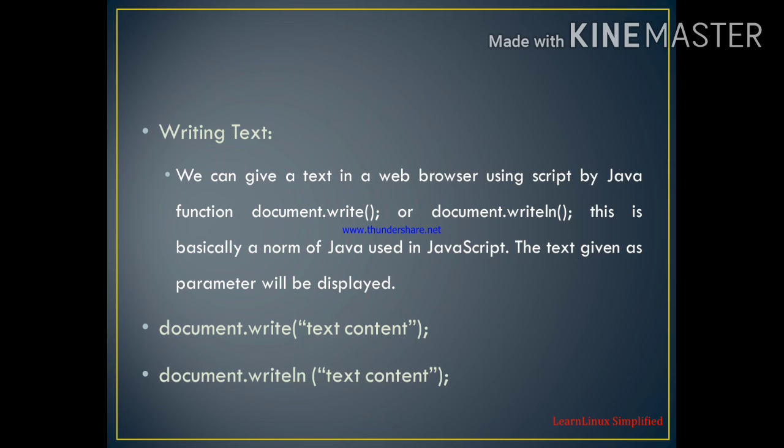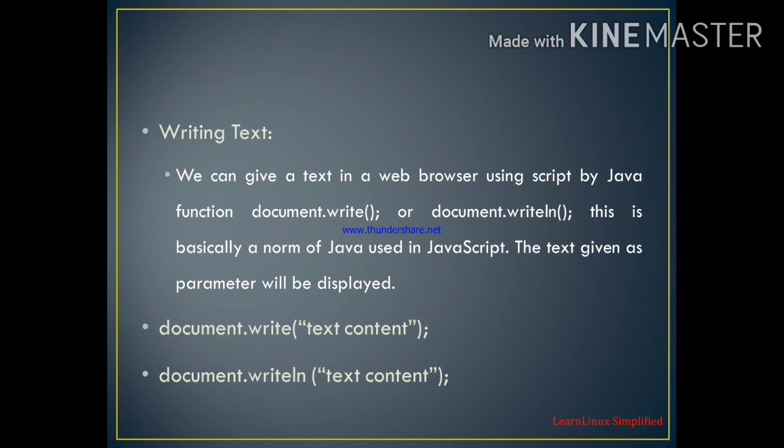Now what is the difference between write and writeln? If we are using document.write, then the text content will be displayed as a word, and the remaining part of the line will be utilized by the next function, meaning we are not occupying the entire line through the write function.